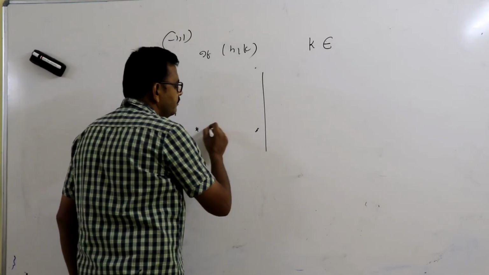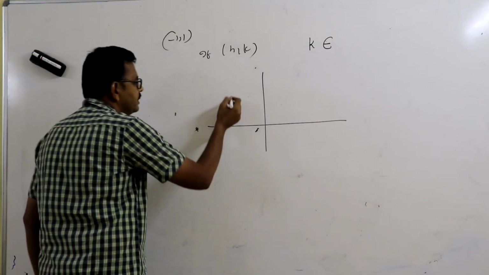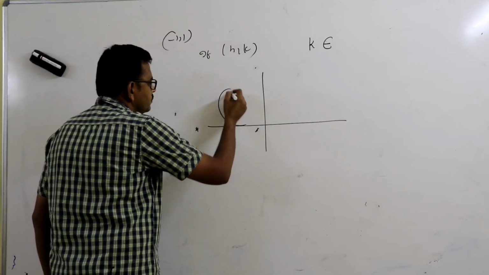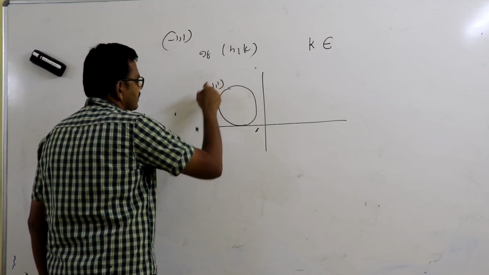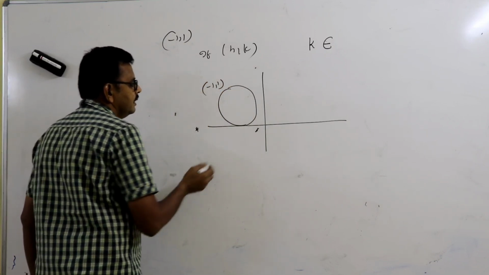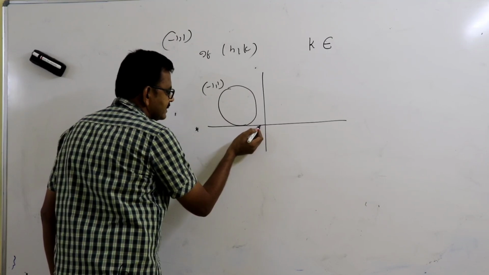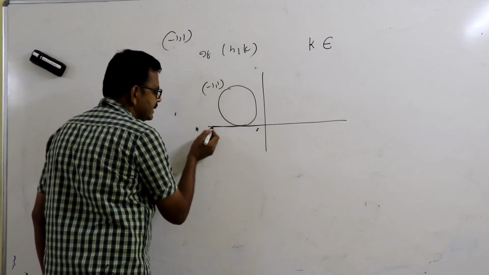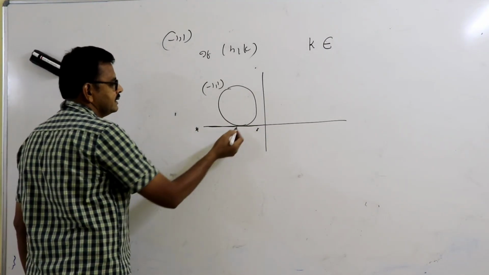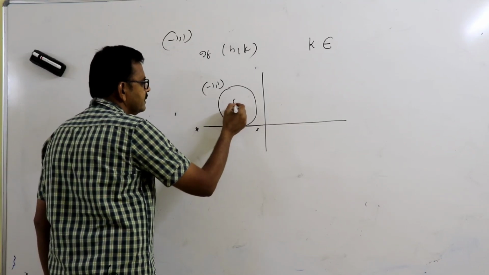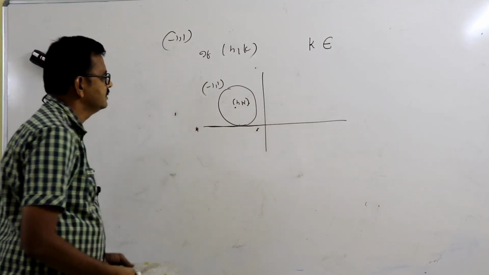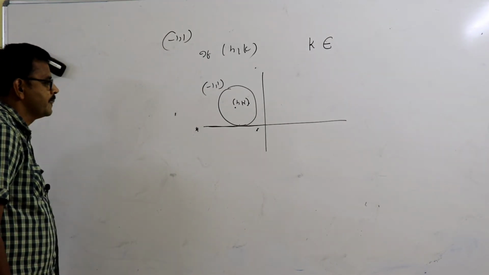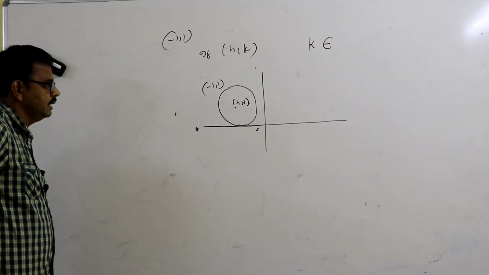Consider a family of circles which passes through the point (-1, 1) and touches the x-axis. The x-axis is the tangent. If (h, k) is the center of the circle, then k belongs to?